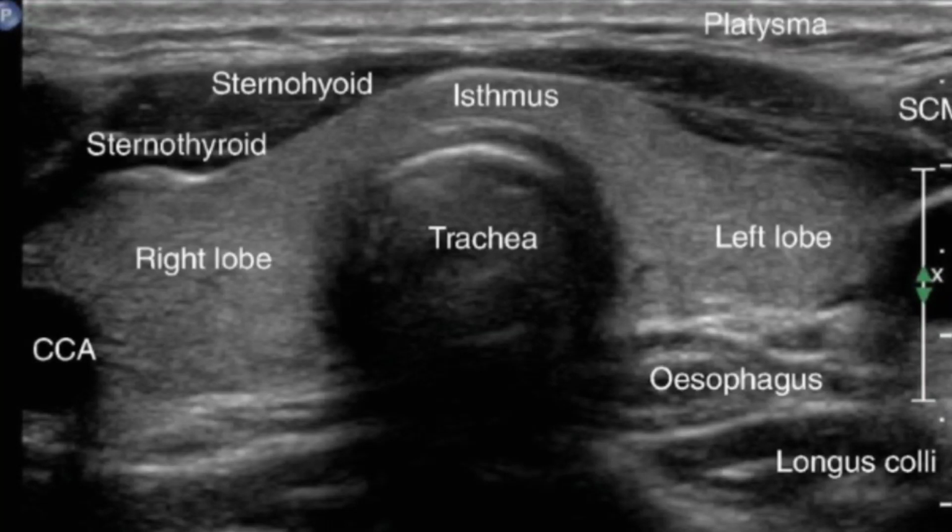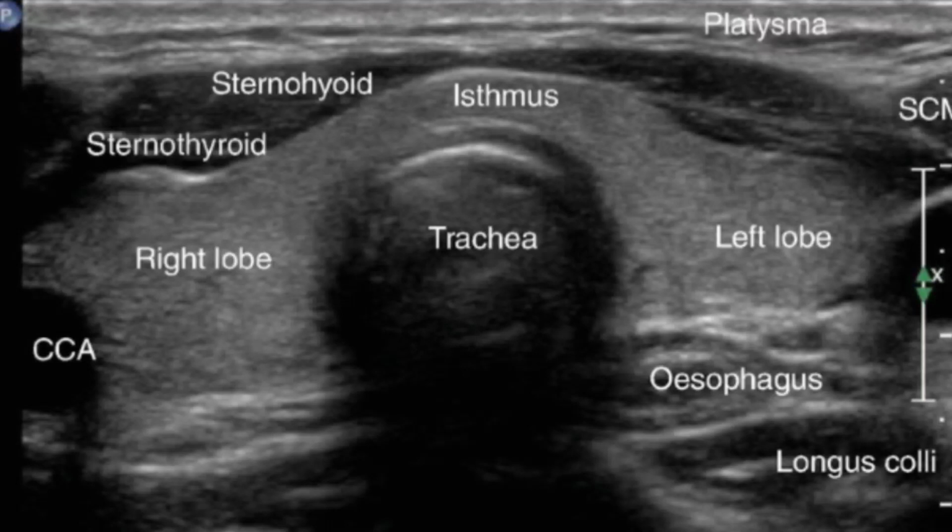Whenever you are looking for a nodule, you have to compare the echogenicity with the thyroid lobe itself, and after that you have to compare its echogenicity with the strap muscles and other muscles within the neck. This is the important thing you have to keep in your mind.